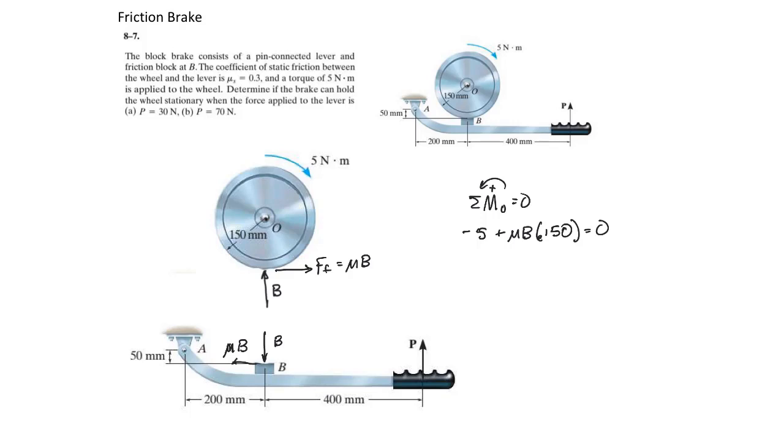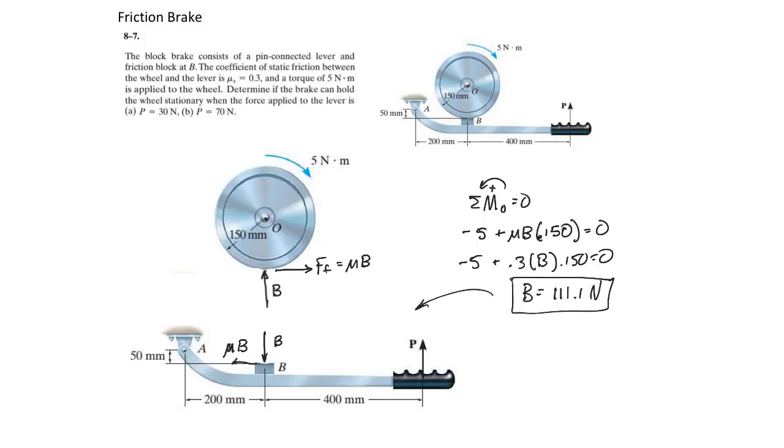Now mu is equal to 0.3, so that's minus 5 plus 0.3 B times 0.150 is equal to 0. So I can get B here is equal to 111.1 newtons.